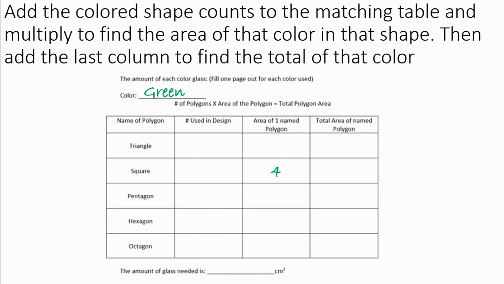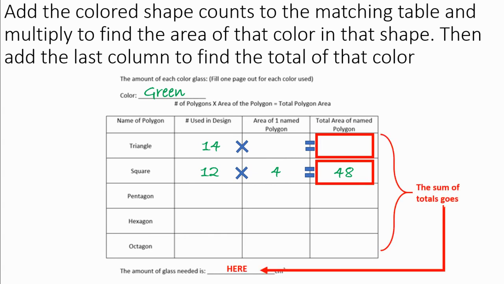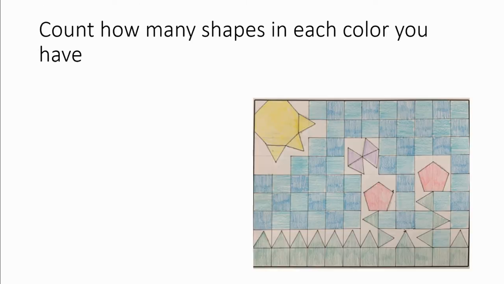For green, I had 14 triangles and 12 squares. So you'll multiply the 14 times the area of 1 triangle and the 12 times the area of 1 square, which we know is 4, so 12 times 4 is 48. You'll add together the total triangle and squares, and that will be the amount of green glass that is needed.